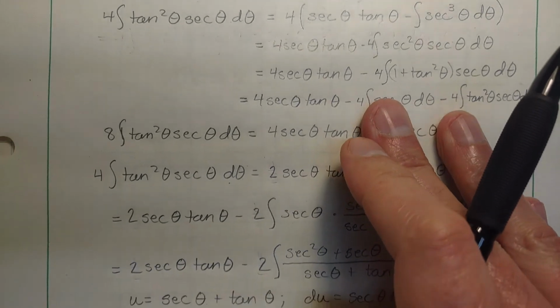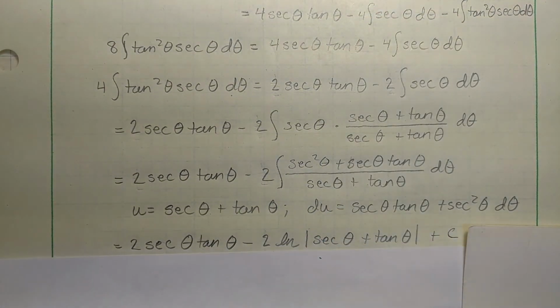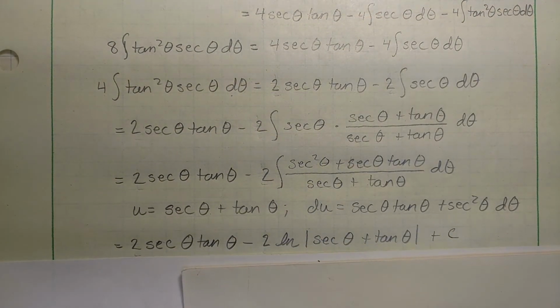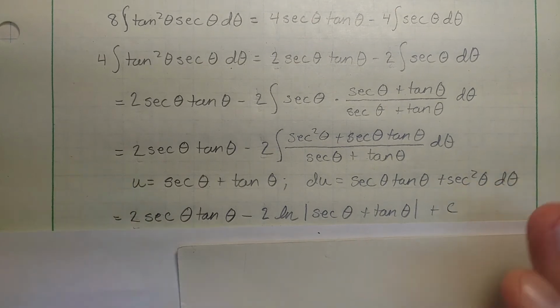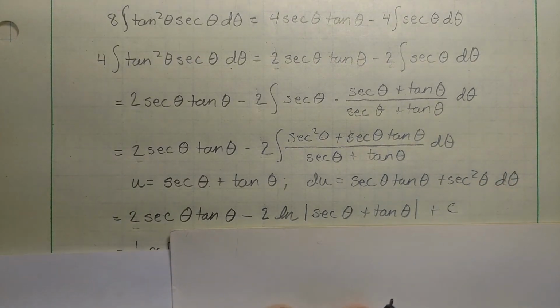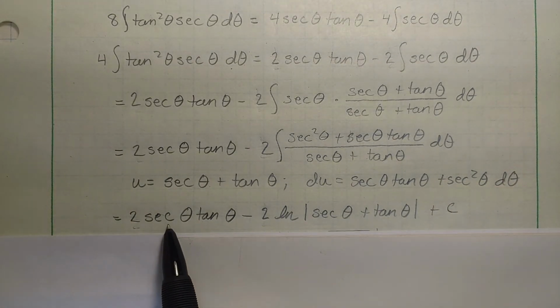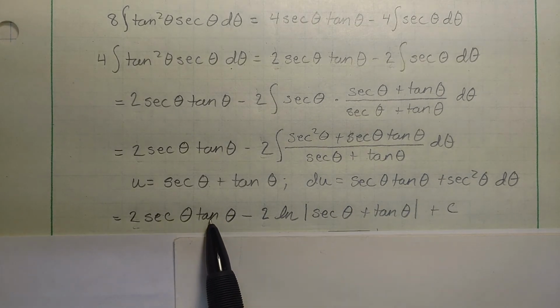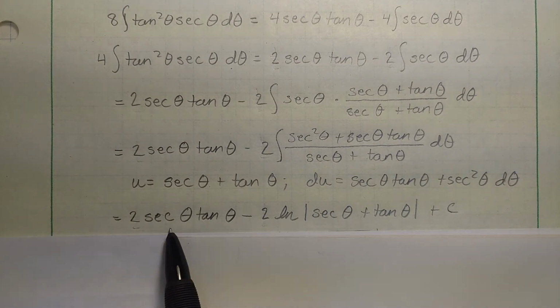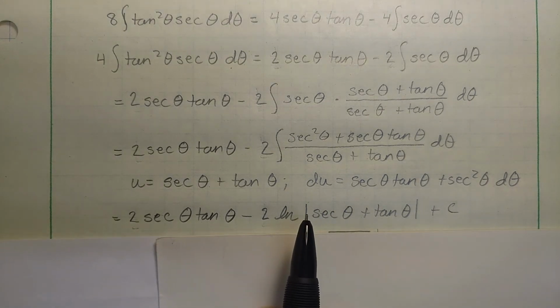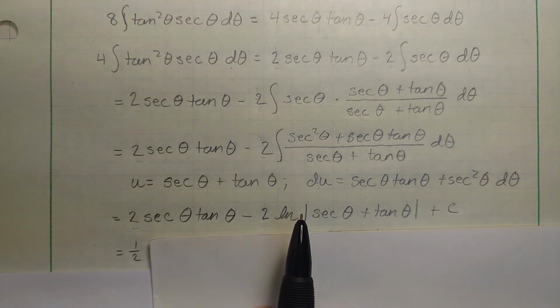So going back in here and replacing those, I've got 2 times, and notice my secant of theta is going to be x over 2, and this is going to be the square root of x squared minus 4 over 2. So this is going to have a denominator of 2, this is going to have a denominator of 2. So when I multiply them together, I'll get 4 divided by 2 divided by 4 becomes 1/2.